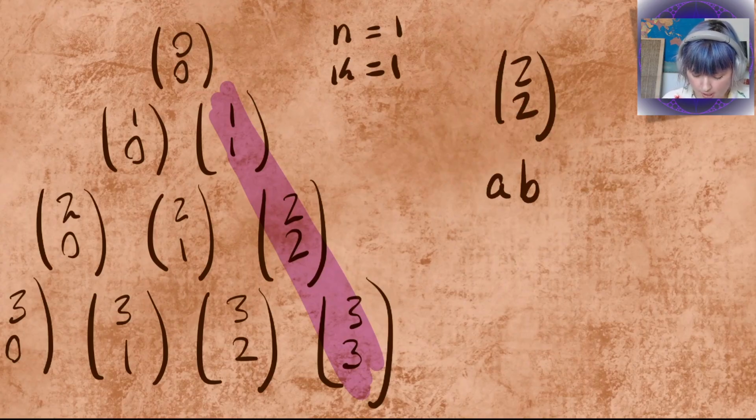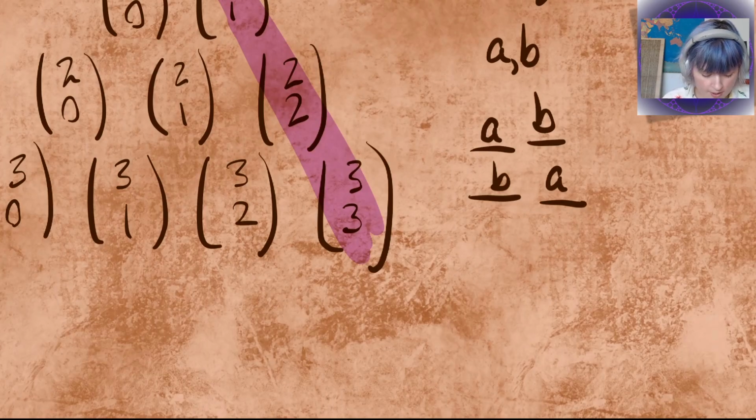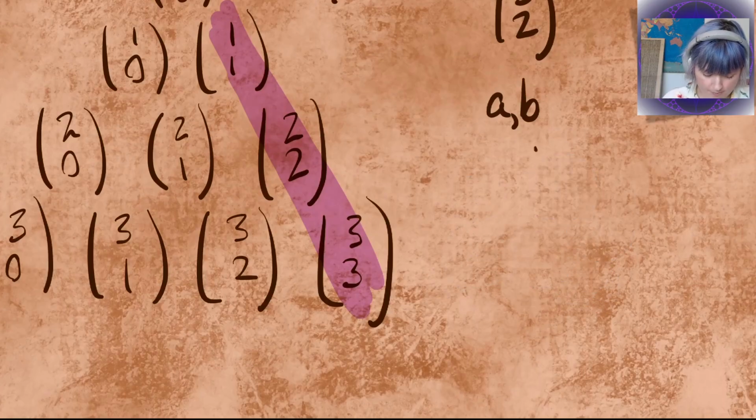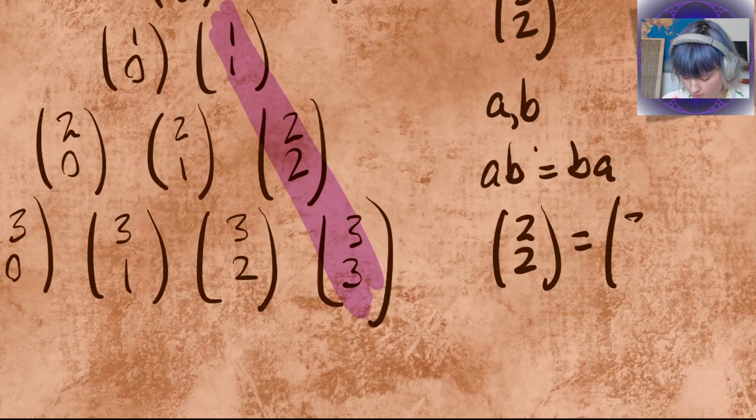You have A, B. For combinations, if it was a permutation, then I would have 2 unique permutations, A B and B A. But since n choose k is measuring combinations, I just have 1, because A B is equal to B A. So 2 over 2 is equal to 1. 3 over 3 is equal to 1.